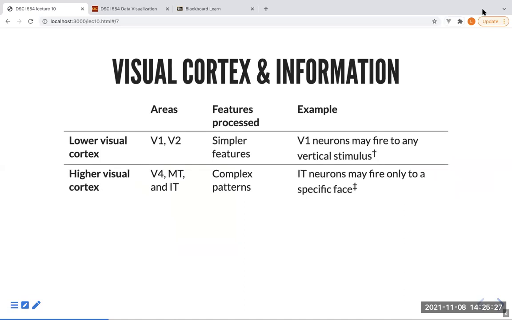So again, V1, V2, that are referred to as the lower visual cortex, are the first areas where the information arrives. And the features that are processed there are very simple. Typically, all the features that we've seen involved in pre-attentive processing.